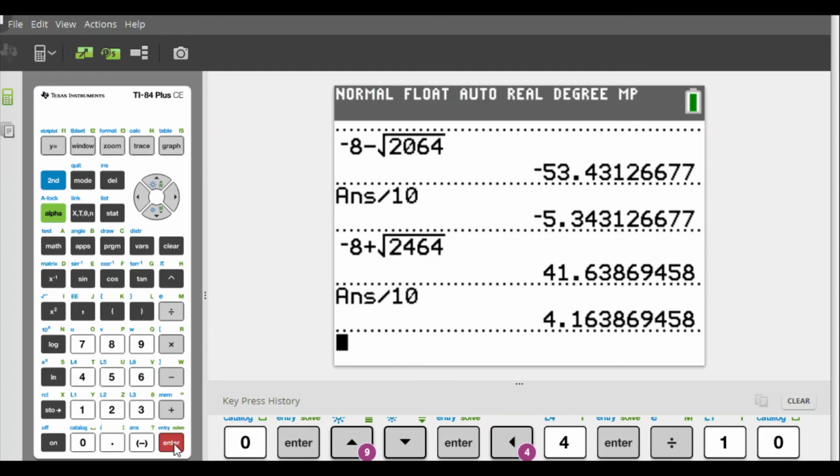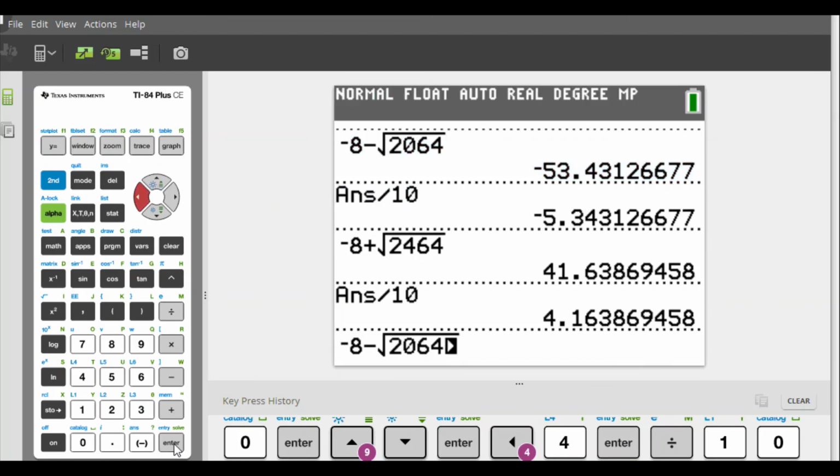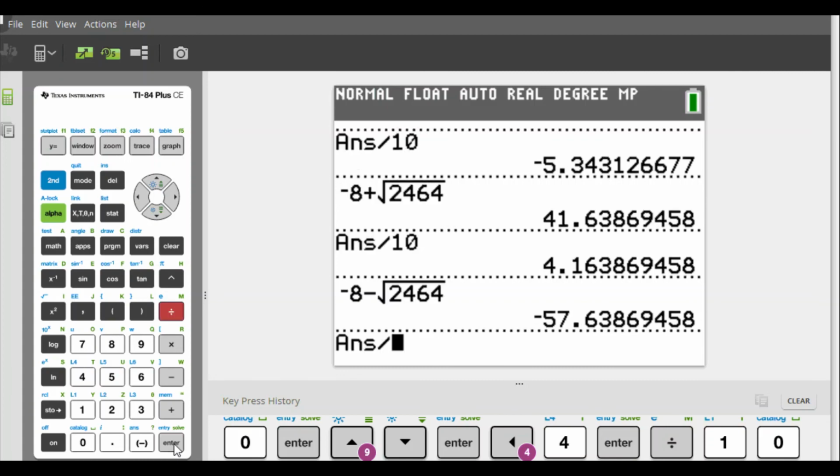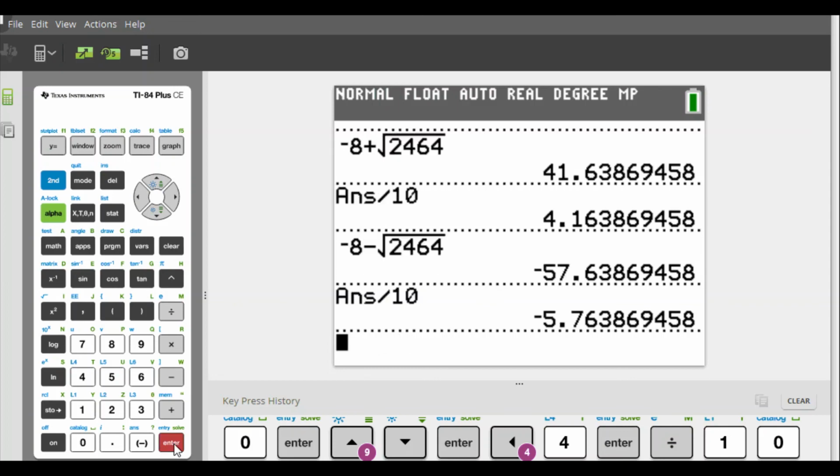We get 4.2. I'm going to copy this value here and change to 2464 with a simple button push and divide this by 10. And so the second time in this case will be negative 5.8. So we have 4.2 and negative 5.8.